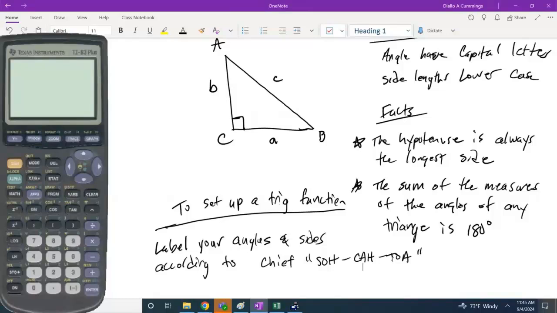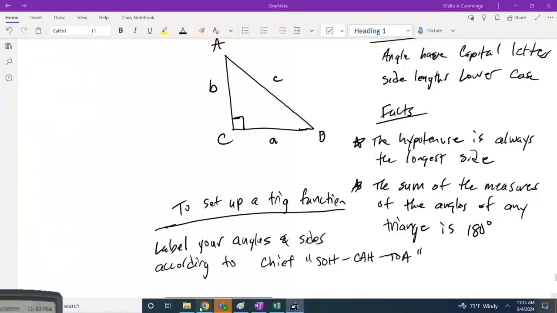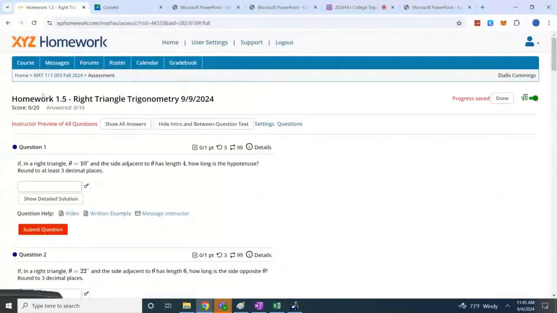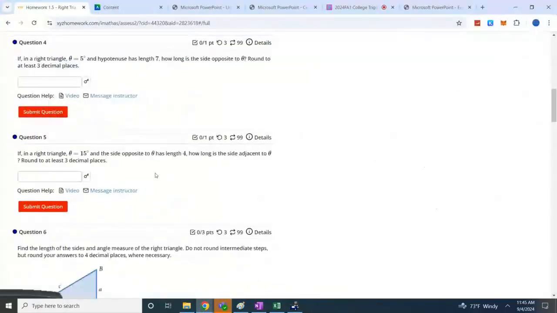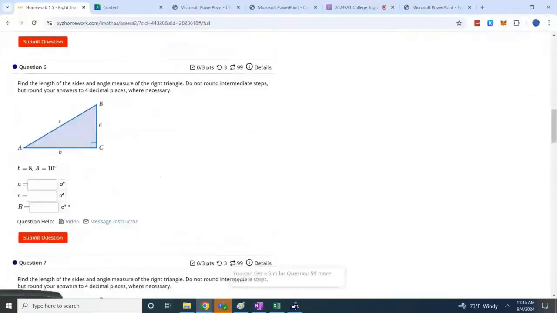All right, so we're going to take a look at setting up some trig functions to find angle measures and side lengths. So in section 1.5, let's take a look at number 6. I'm going to copy that over.